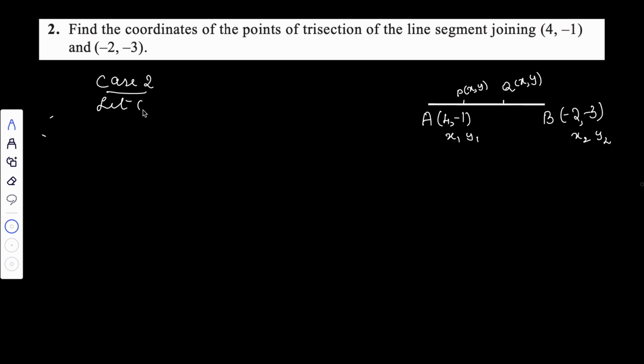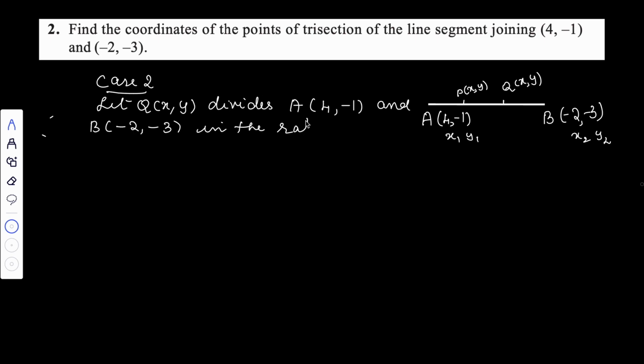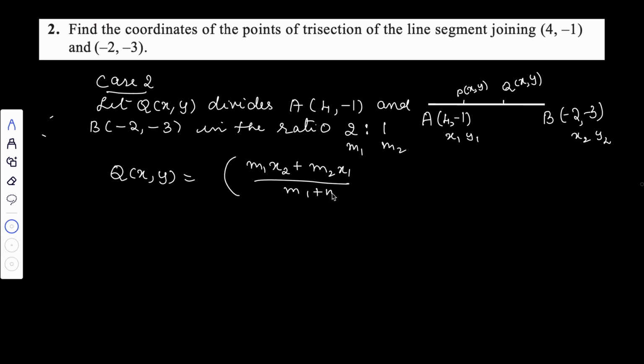So let Q(x, y). Now this is m1 and m2, and x1, y1, x2, y2 I wrote here. We are using the section formula. Now we should write Q(x, y) is equal to (m1 into x2 plus m2 into x1) divided by (m1 plus m2), and (m1 into y2 plus m2 into y1) divided by (m1 plus m2). Now we'll substitute this.